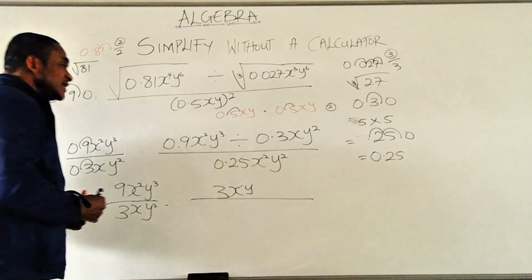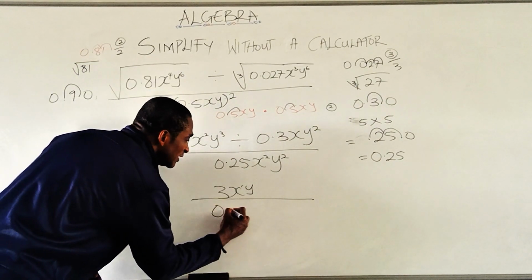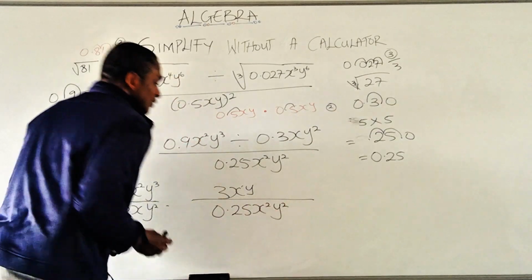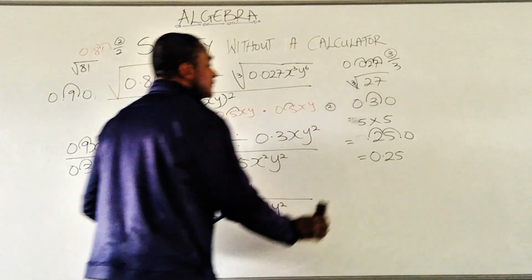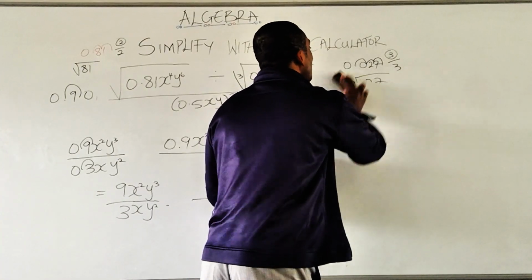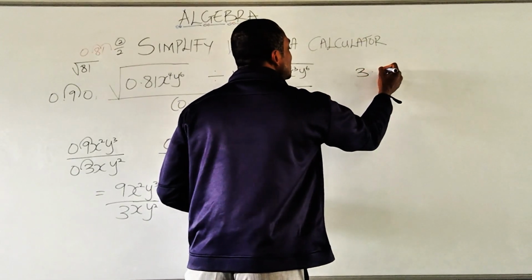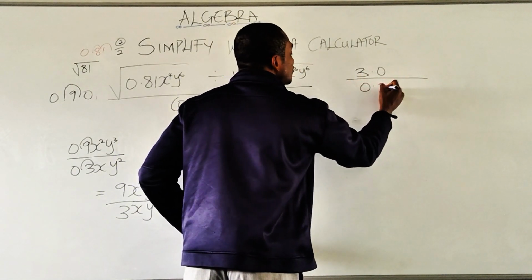Now let's go to our denominator and see how we can resolve this problem. The same approach for division is what we are going to apply here. Remember, 3 is the same thing as 3,0 divided by 0,25.